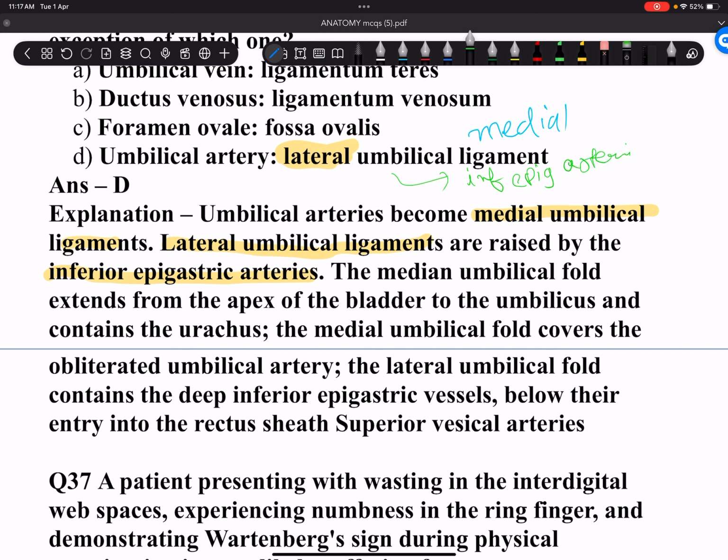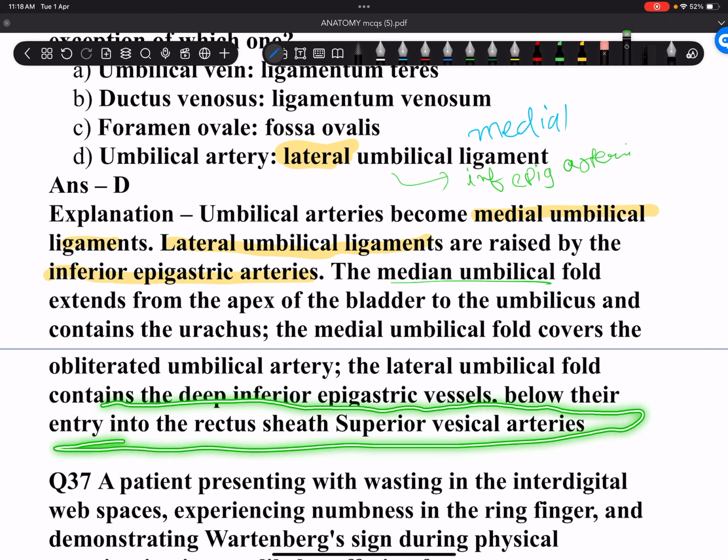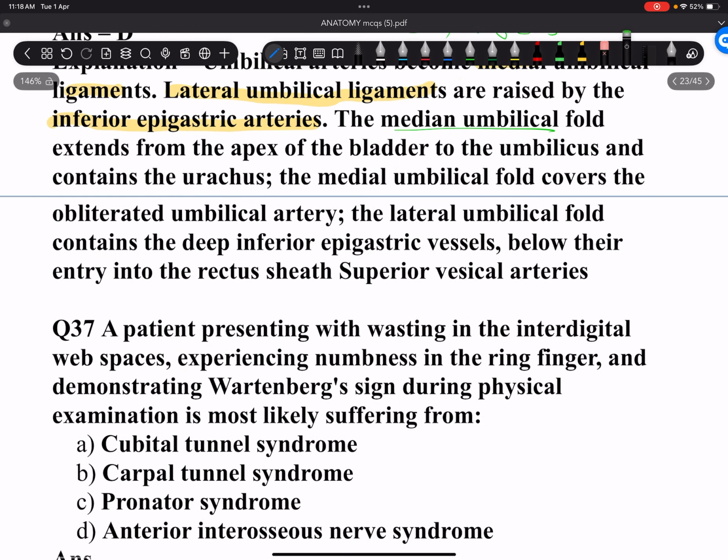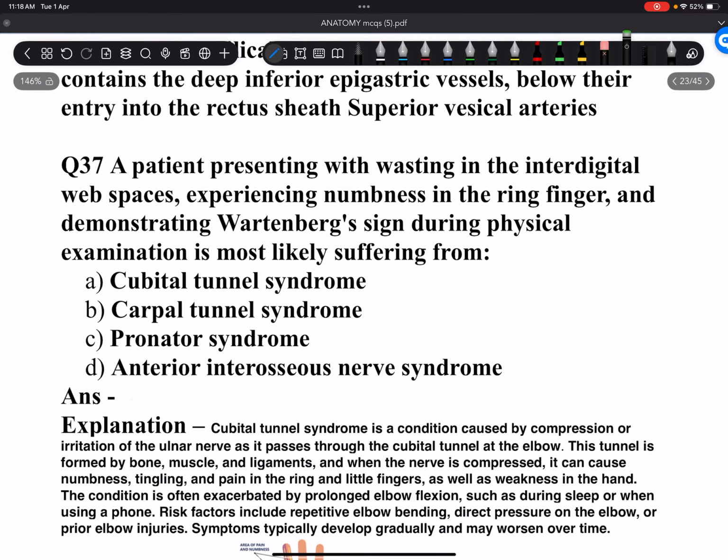The median umbilical fold extends from the apex of the bladder to the umbilicus and contains the urachus. The medial umbilical fold covers the obliterated umbilical artery. The lateral umbilical fold contains the deep inferior epigastric vessels below their entry into the rectus sheath of the superior vesical arteries.